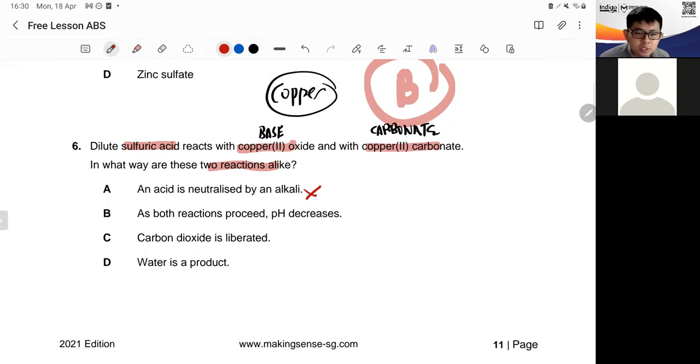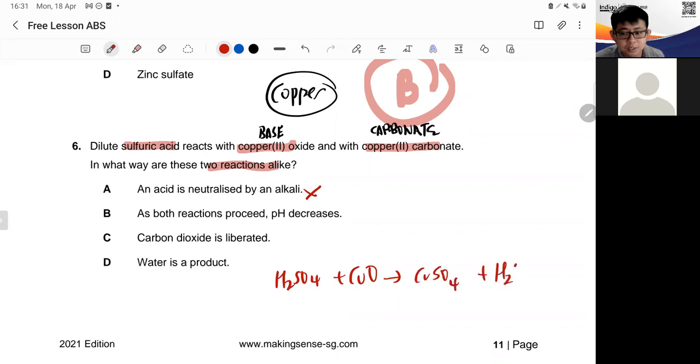As both reactions proceed, does pH decrease? pH actually increases, because the acid is becoming not an acid. Just to put this in perspective, acid plus copper oxide becomes this. This is neutralization, isn't it? So the acid is becoming not an acid, so pH is not supposed to decrease. So nope.